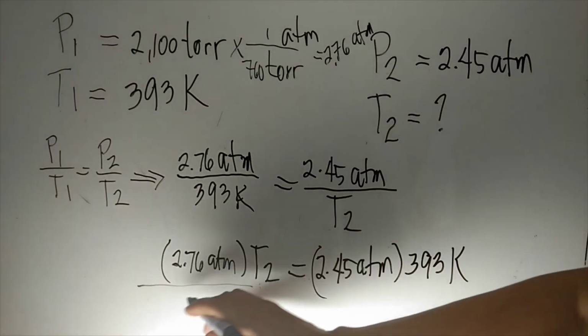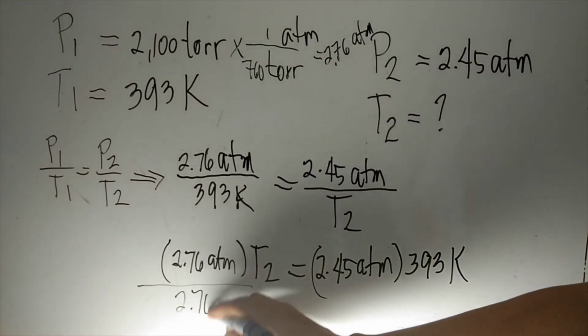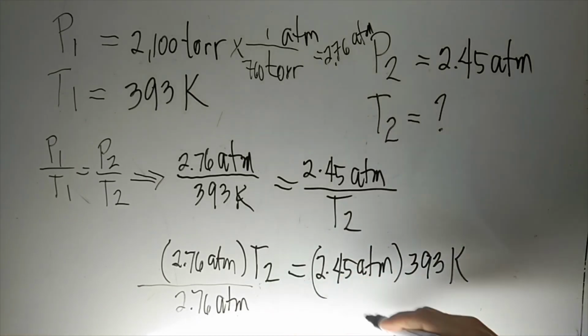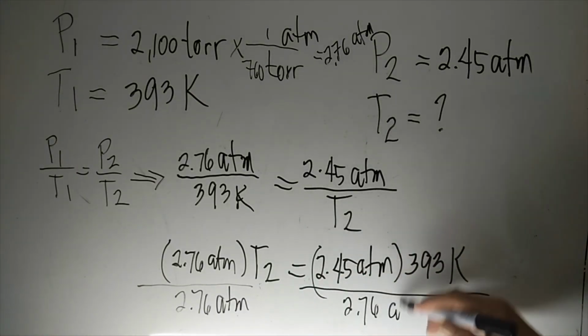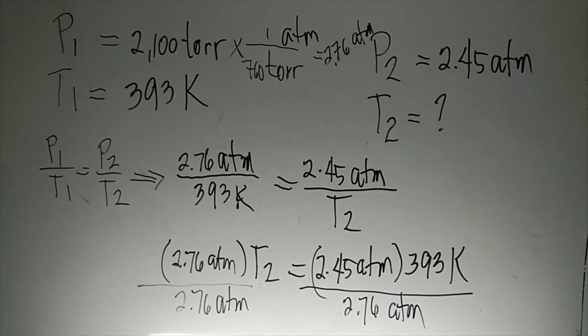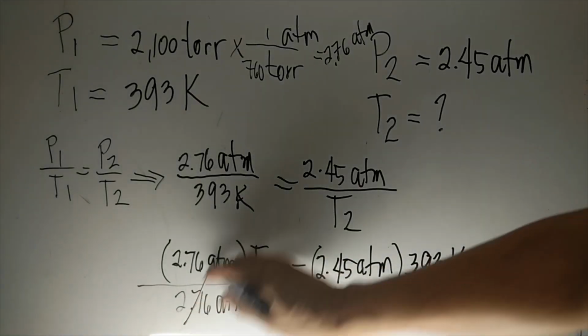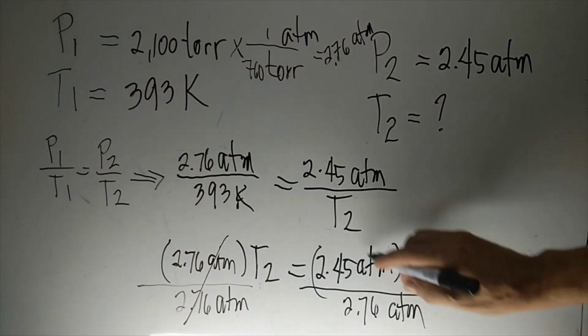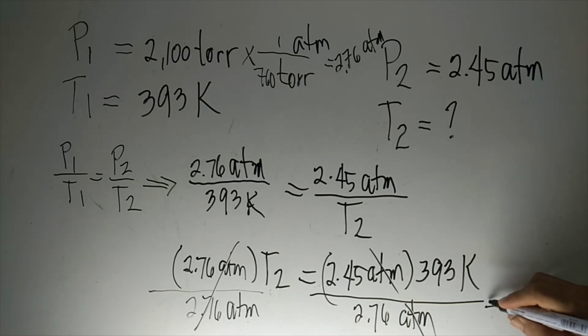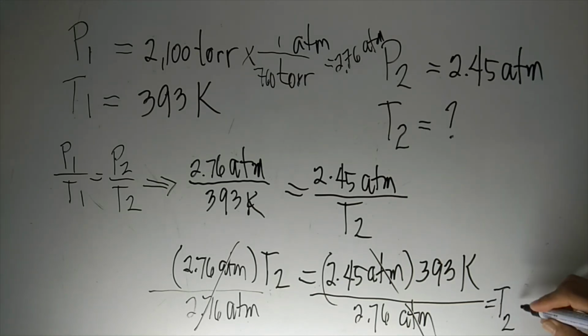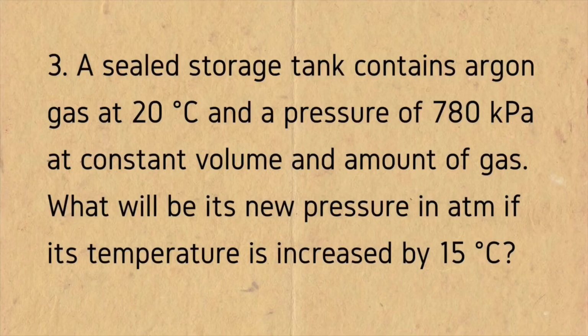This will be divided by 2.76 atmosphere. So this will cancel. This unit will be cancelled. So T2 will be equal to 348 Kelvin.